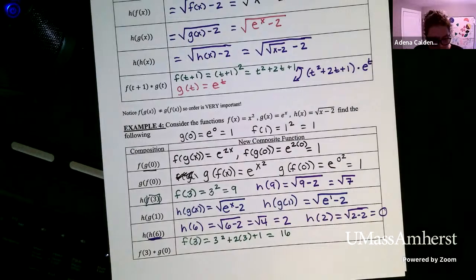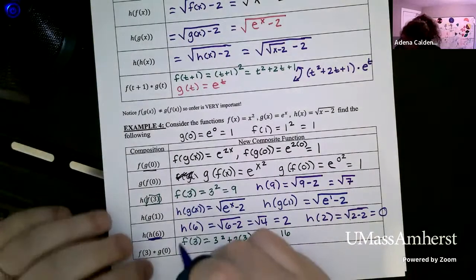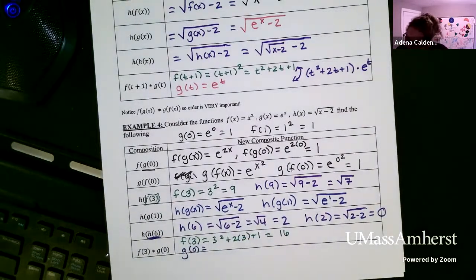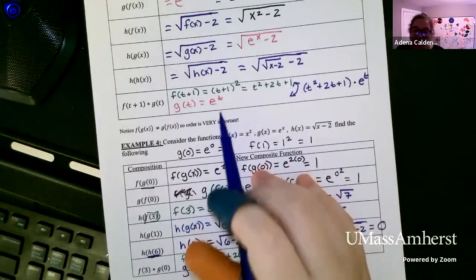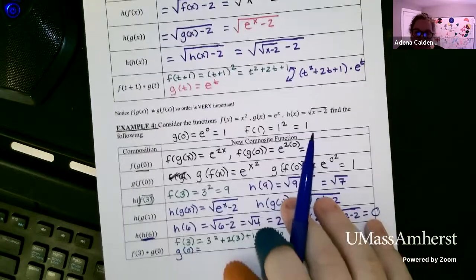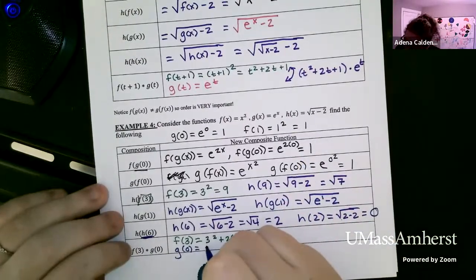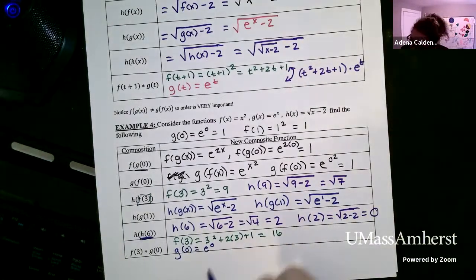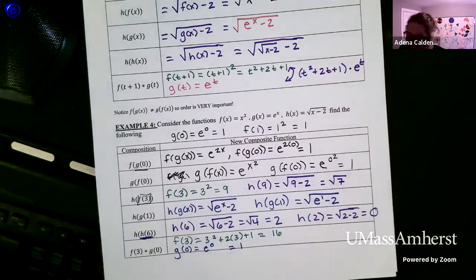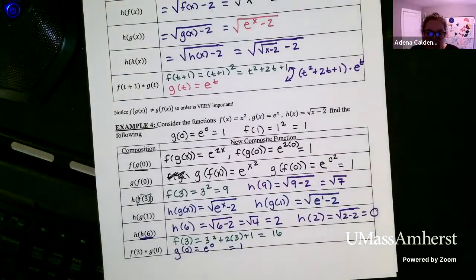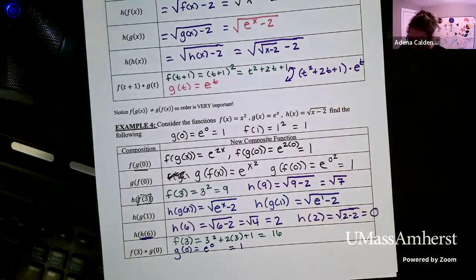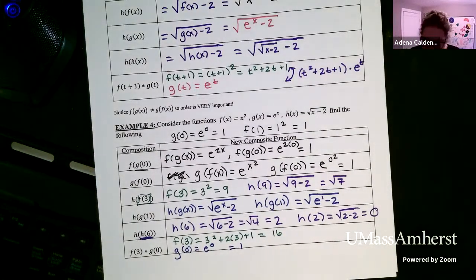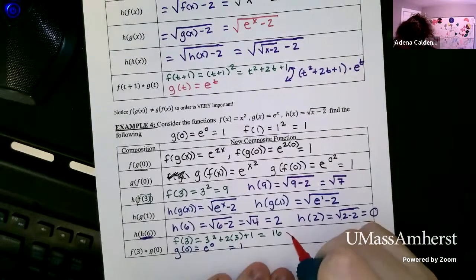Then g of 0, we're going to go to our g function, which is e to the x. We're going to plug in 0. So we have e to the 0. Anything to the 0 power is going to be 1. So this gives us 1. Now we want to multiply together f of 3 times g of 0. So 16 times 1, if we multiply those together, it's going to give us 16.